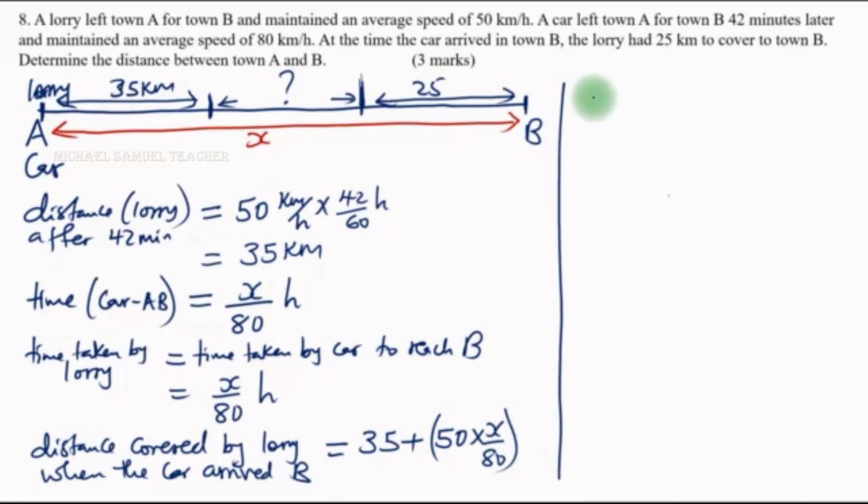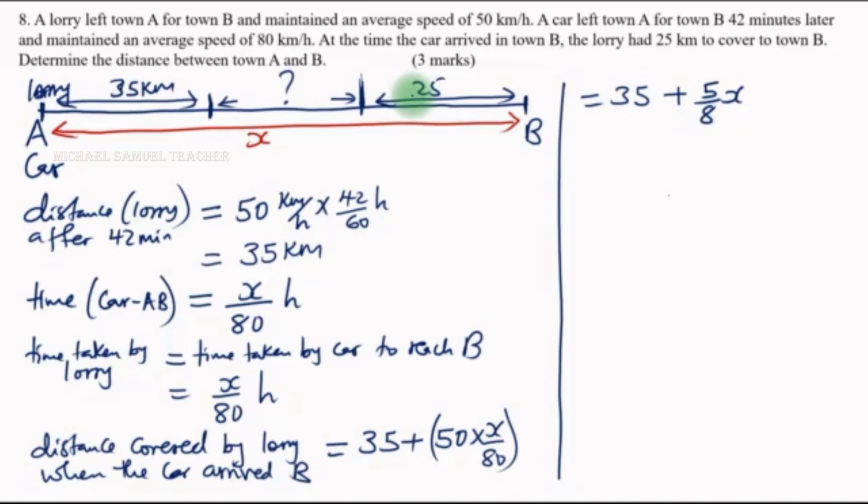Then from here, this will be 35 plus 5 over 8x. That is the distance that the lorry covered.